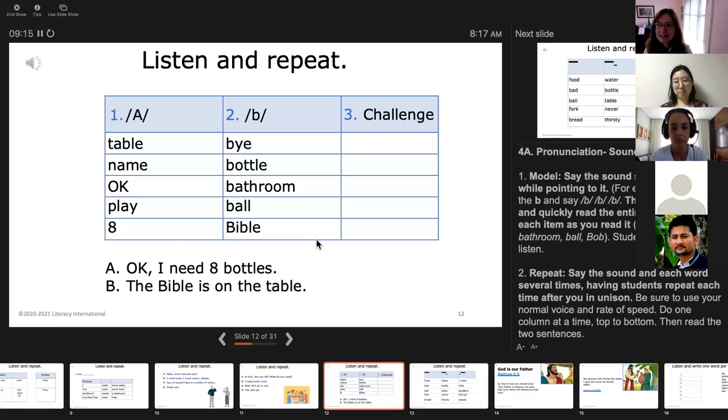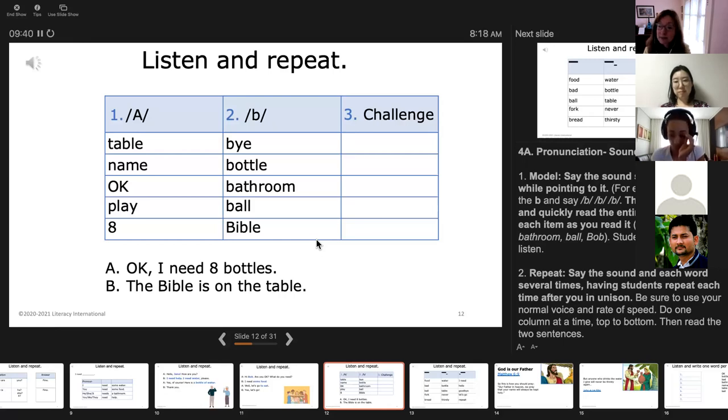There are certain sounds that students may not be able to pronounce for a couple of years. And we don't want to spend too much time frustrating them with something where their lips and tongue and mouth are just not coordinated yet to make those sounds, especially sounds that don't exist in their own language.